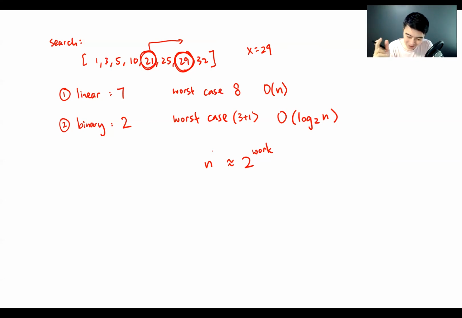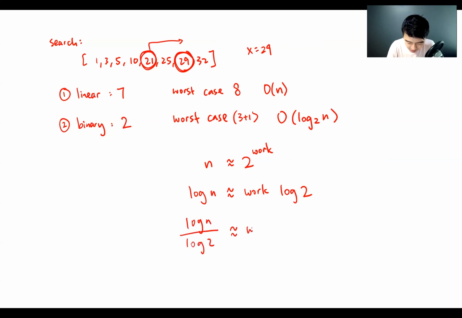Now if you solve for work, you log both sides, and I move the variable work to the front. Then log n over log 2 is proportional to my work. So how much work do I have to do in the binary search? I have to do log base 2 of n work.